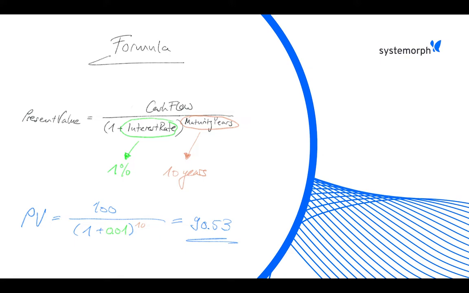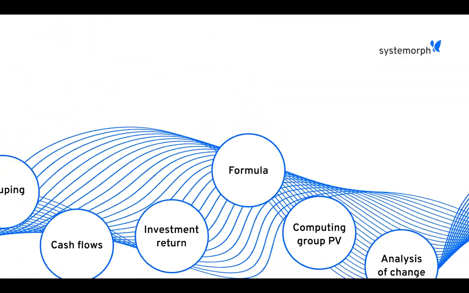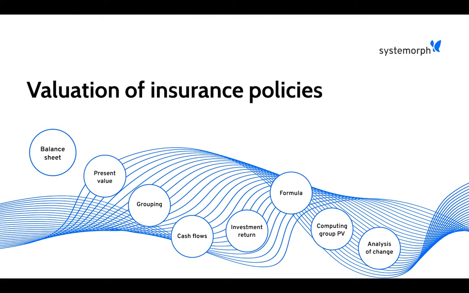It means that only 90.53 Swiss francs are required now to obtain 100 francs at payment time, which we stipulated as 10 years. This is, of course, a simplified example where the interest rate doesn't change over the 10 years. However, in a more complex situation with varying interest rates and maturities, which typically happens with bonds, this formula would be calculated multiple times.